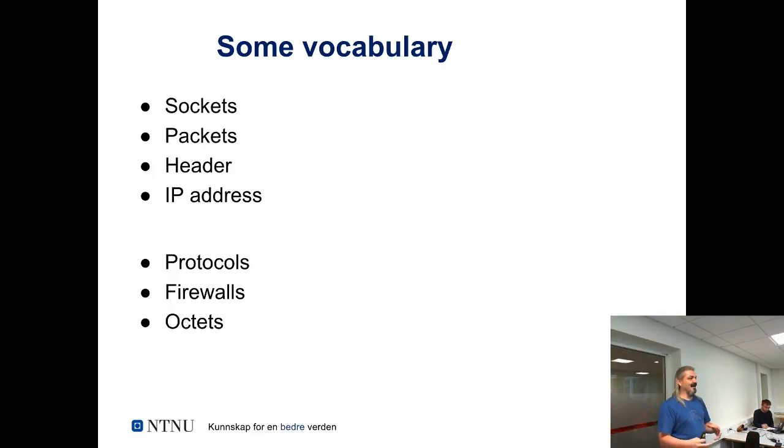It's also how you send data out. So you send in and out of sockets. The things you're sending are packets. So it's packets that go in and out of sockets. The packets have headers, which include IP addresses. So we'll look at those and we'll discuss protocols versus interfaces. We'll discuss a little bit about firewalls, and octets are your data inside your packets.